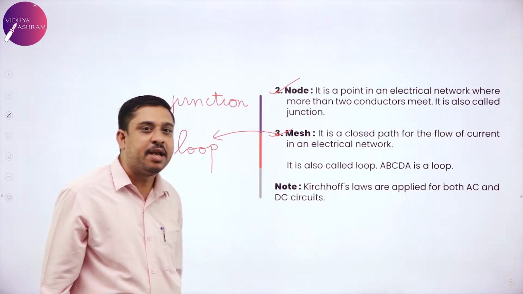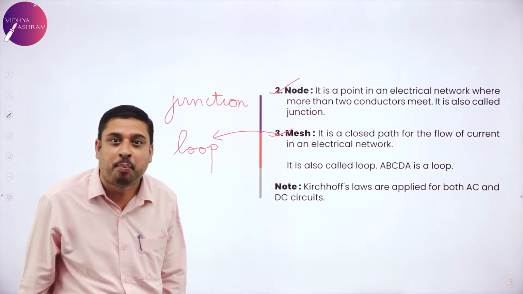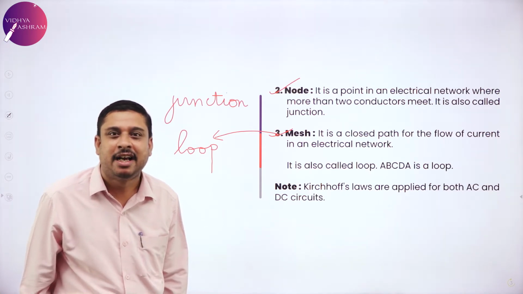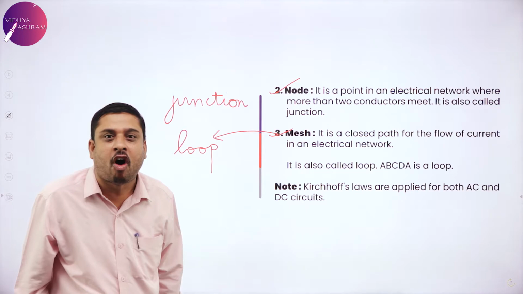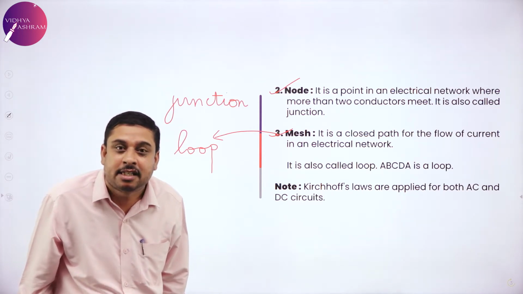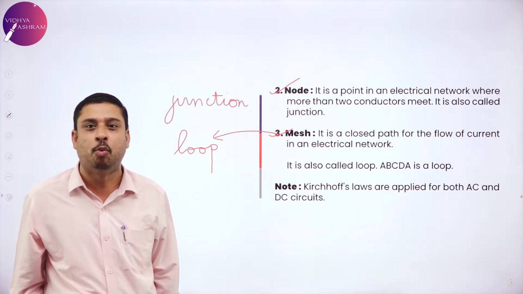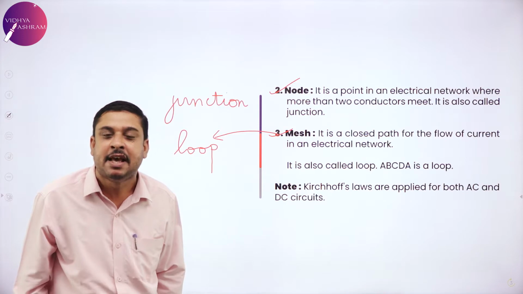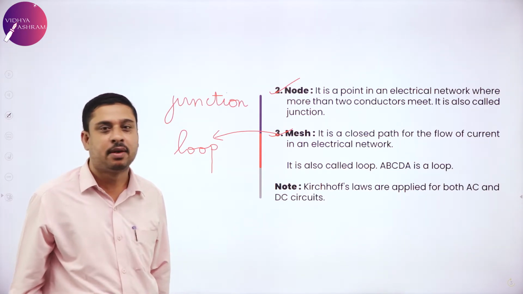And finally, mesh, which we also call a loop: in any electrical network, the closed path for the flow of electric current is called a mesh or a loop. And with the aid of these three definitions, we will start understanding Kirchoff's laws.